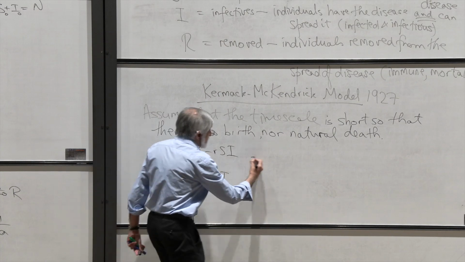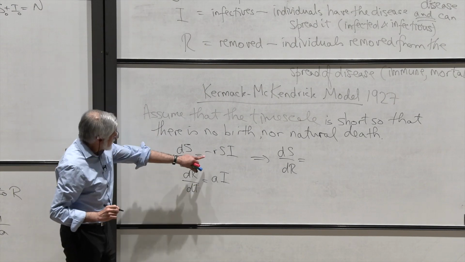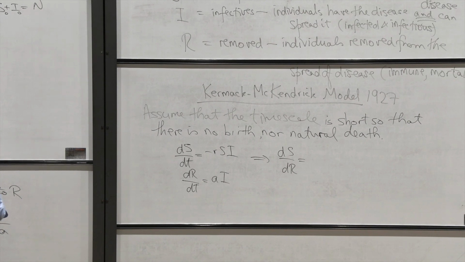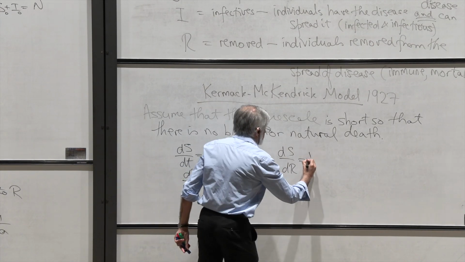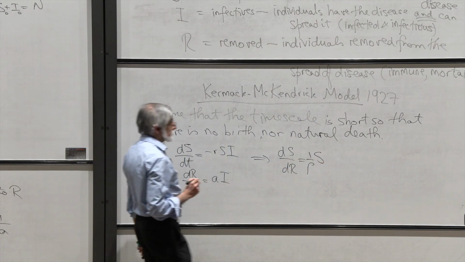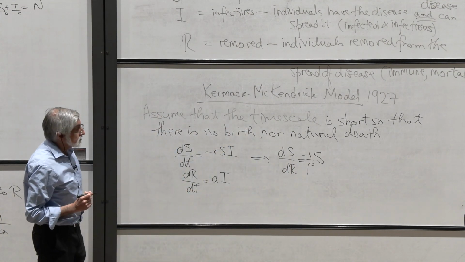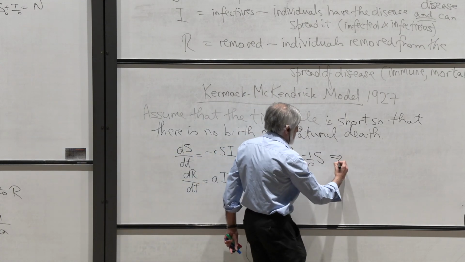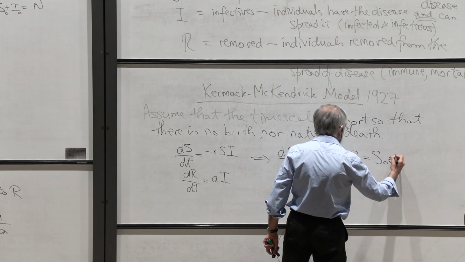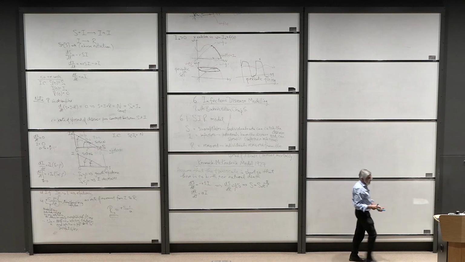That implies ds by dr equals minus r over a, which is 1 over rho, and s. And that gives us that S is S naught e to the minus r over rho. Let me just check I got that right.